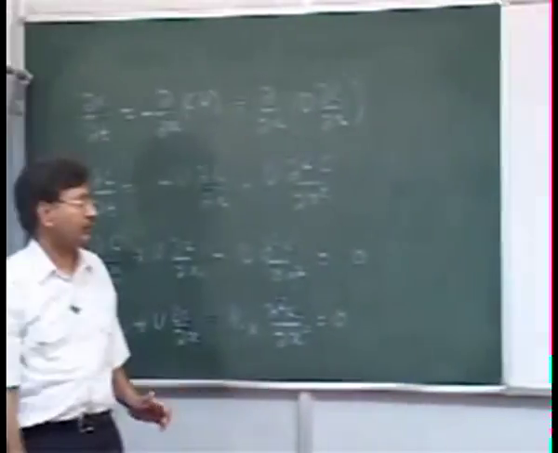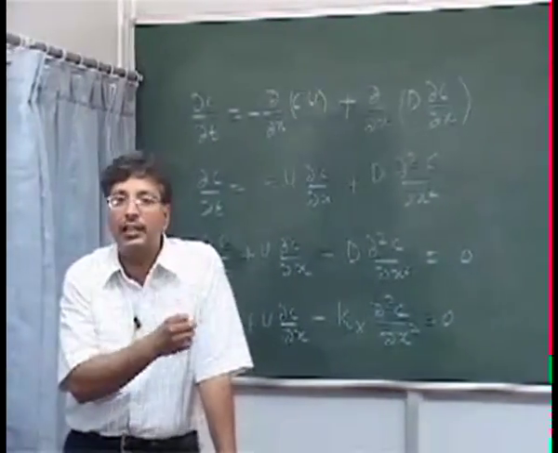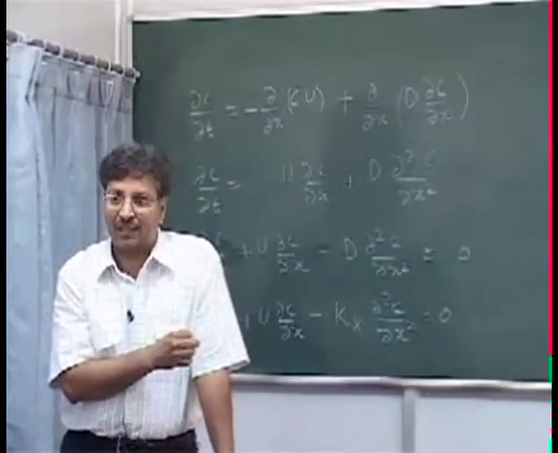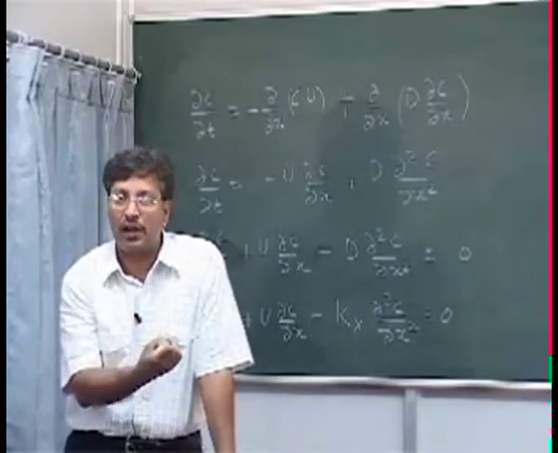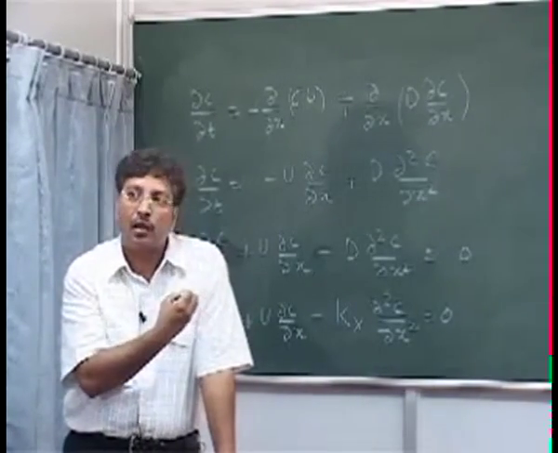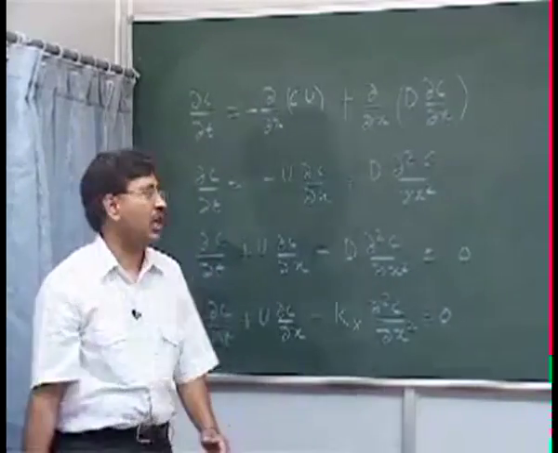Here we have not added the term source and sink. To keep life simple, we have not added the term source and sink. We are not adding any emission as a source, but soon we will do that.